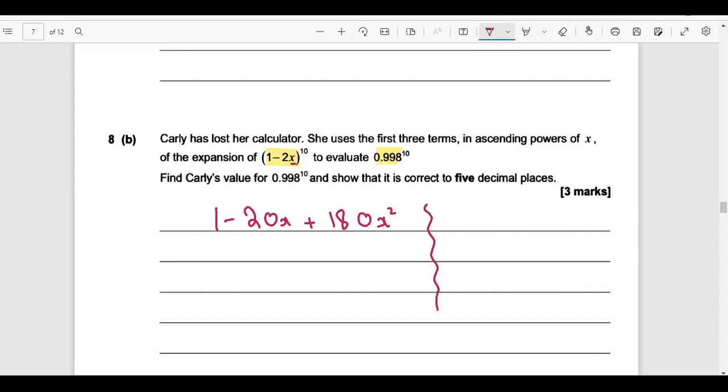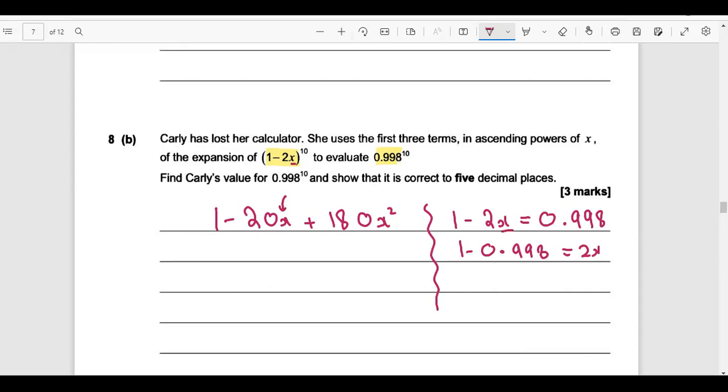I can see by comparing both the highlighted things that 1 minus 2x is equal to 0.998. I need to make x the subject just so I can find the value and plug it here. So it would give me 1 minus 0.998 equals 2x, and you can just use your calculator for finding that value.